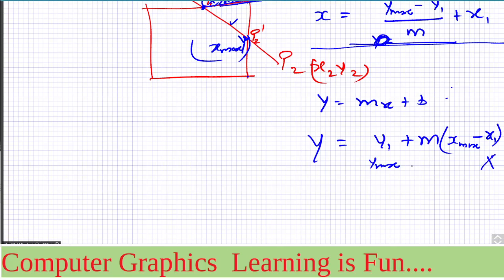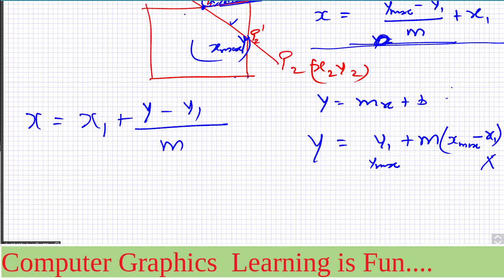So these are the two equations that you have to remember. For finding x, if it is intersecting with the horizontal line, then you need to find x, which will be your x1 plus y minus y1 upon m.